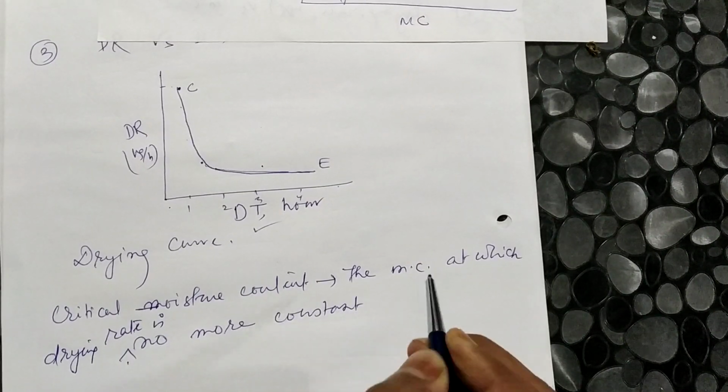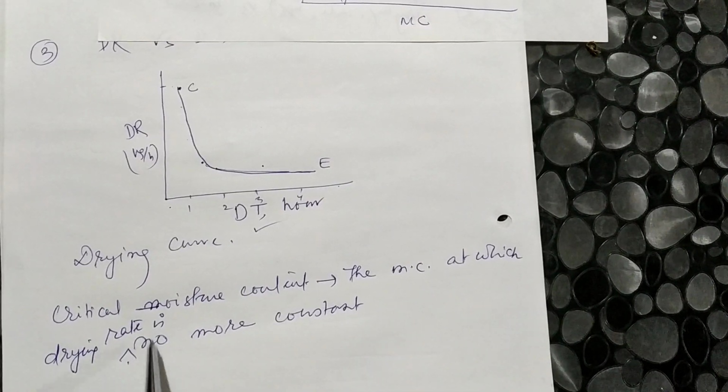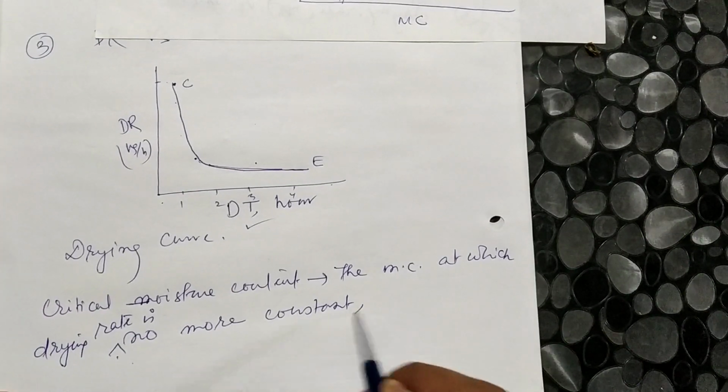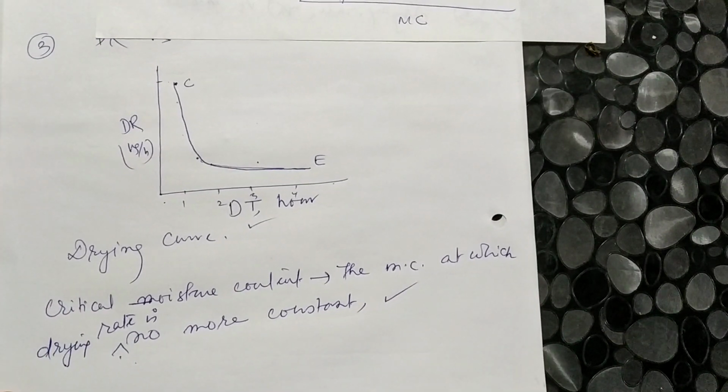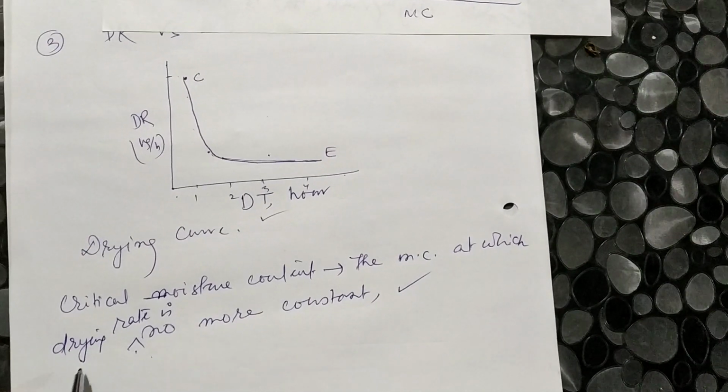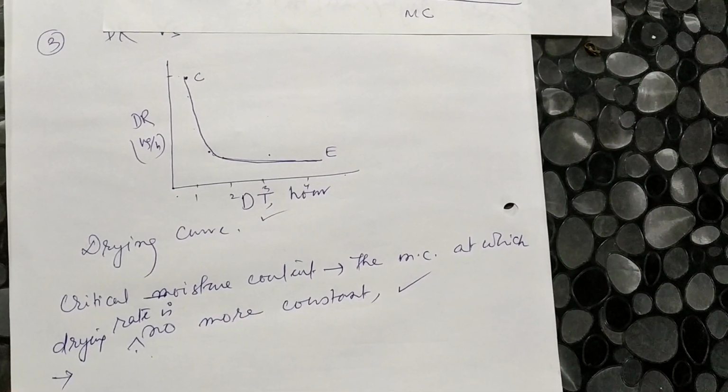Understand? Simple line. The moisture content at which the drying rate is no more constant, that means falling, is called your critical moisture. Okay, so that critical moisture varies with the various crops.